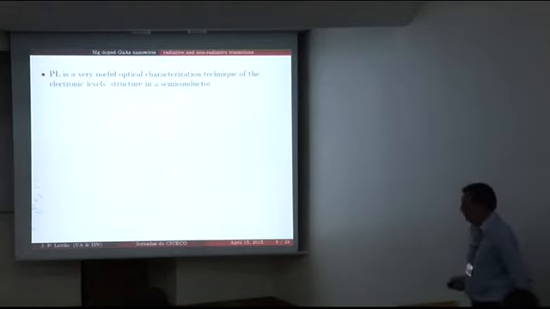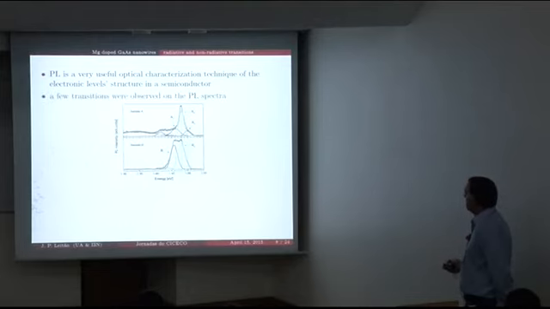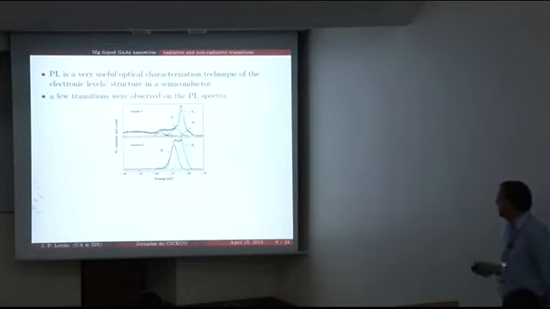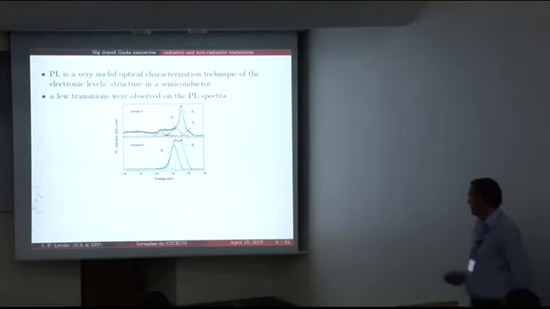Concerning the PL, we know that this is a very useful technique for the characterization of the electronic level structure in a semiconductor. Here we have the two PL spectra for the two different samples. Sample A is for the growth of the nanowires of gallium arsenide, and sample B for the growth on silicon.